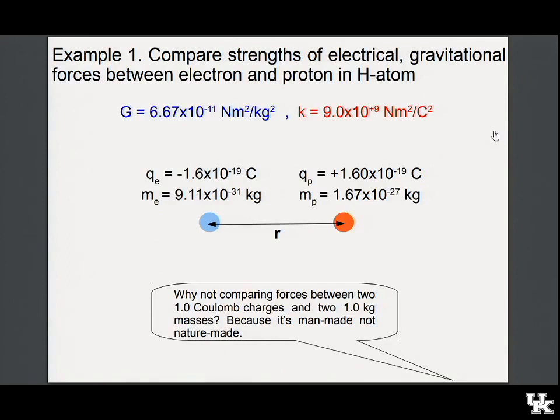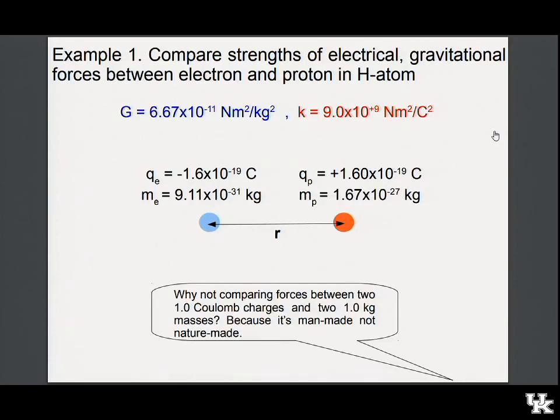But you might ask, well, how much bigger is it? How much bigger is electricity than gravitational forces? If you want to calculate that, how are you going to do it? You might say, well, I'll compare the gravitational force between 2 kilogram masses and the force between 2 one-coulomb charges. Maybe that's a way of comparing the forces.